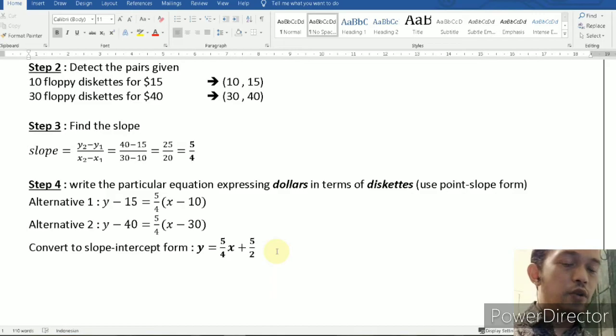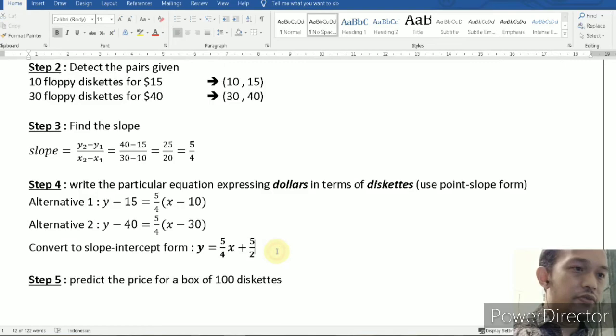That's why we need this model, so we can directly know how many dollars we can earn if we sell a given number of floppy disks.